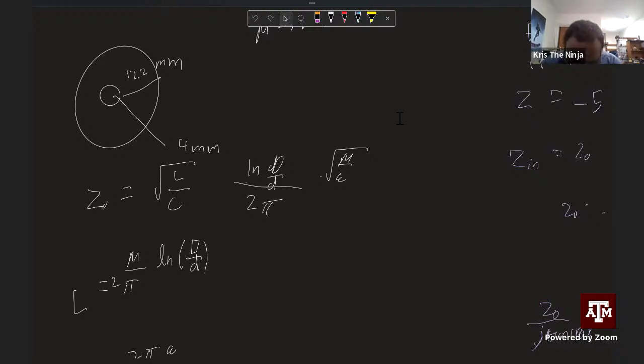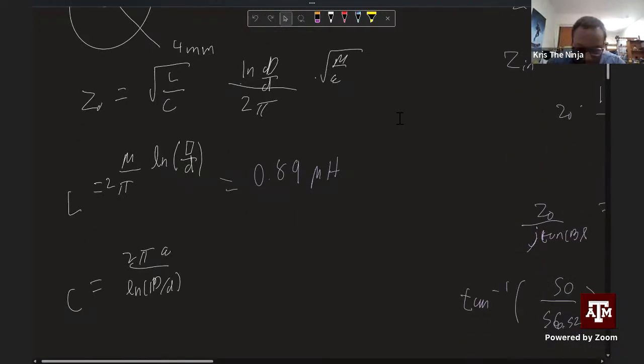All right, and then we do the same thing, except we use epsilon. If you remember from our last stream or earlier in the class, epsilon naught times epsilon r equals epsilon. We'll just say epsilon r is 12 this time.